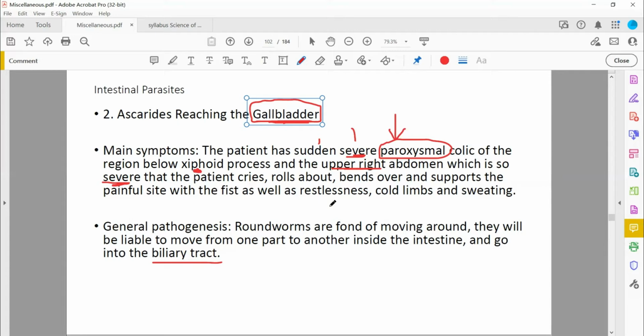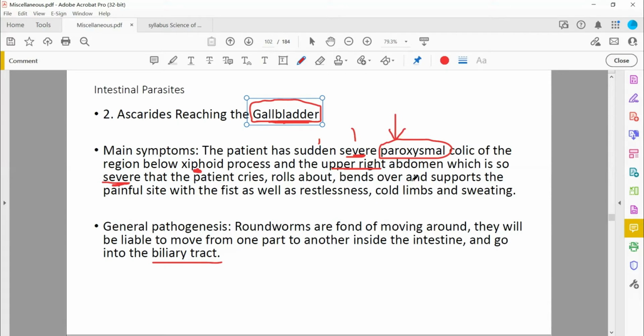And for the gallbladder stone or inflammation, the pain could radiate to the scapular or the shoulder, the right shoulder.